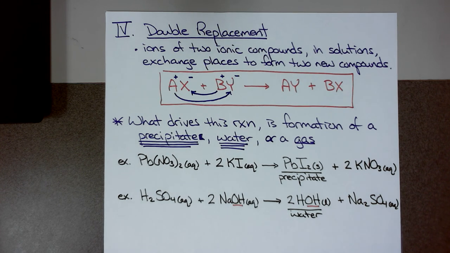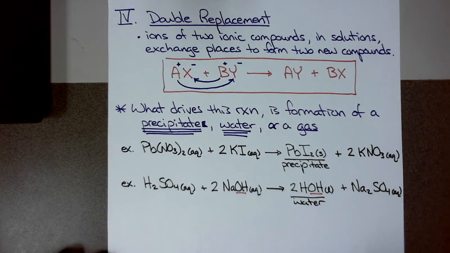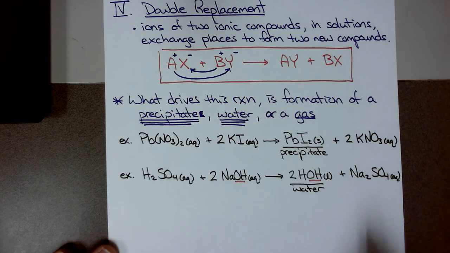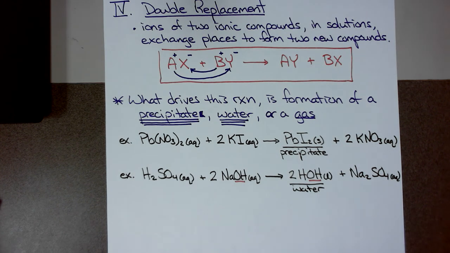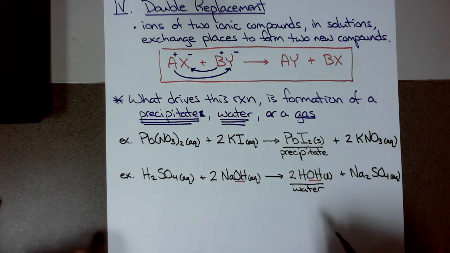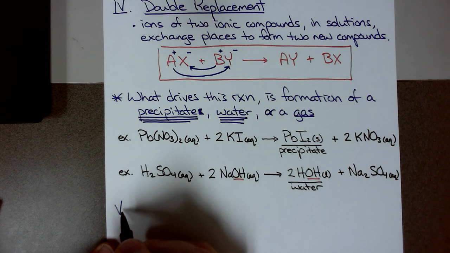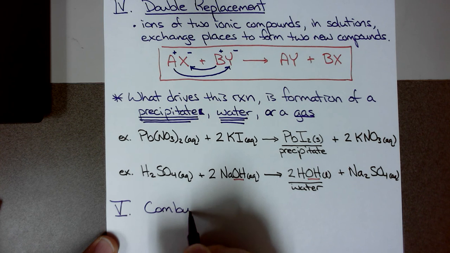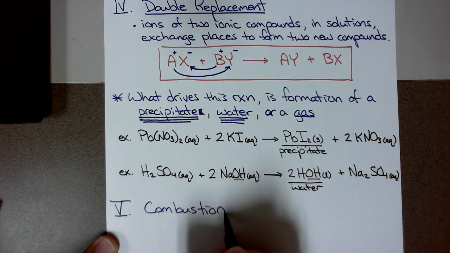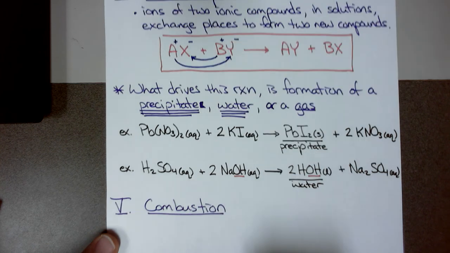Our last category of reactions is the combustion reactions. And so that is category 5. Combustion reactions. Now there are 2 types that we're going to look at.